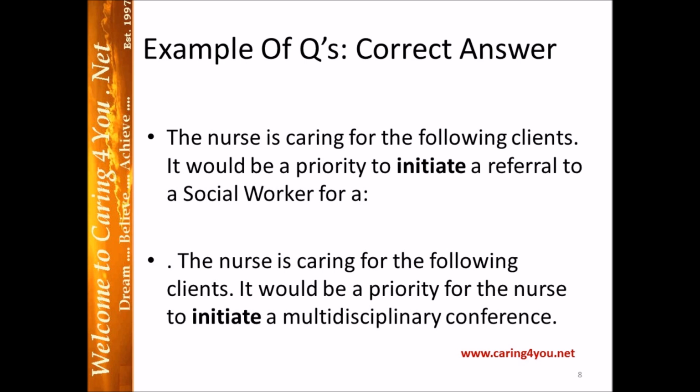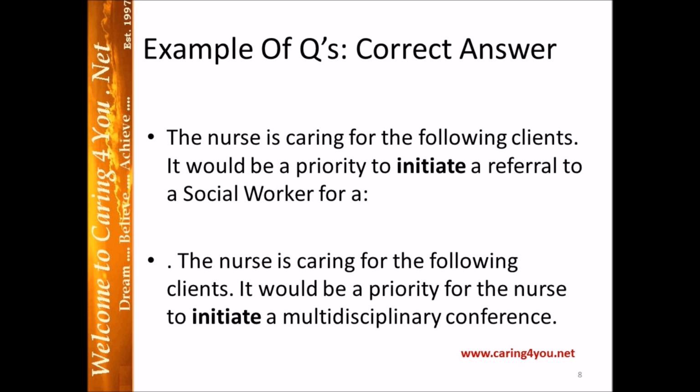Now, when you're asked a question like this, it's important to understand for the NCLEX that you pick the correct answer that has to do with the scope of practice for whatever department you're making the referral to. In other words, pick the correct answer that would be in the scope of practice, not for you, the nurse, but for that social worker.